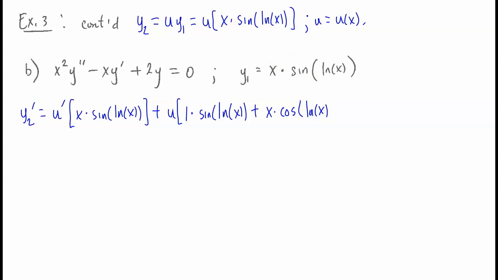It doesn't look too hot, so let me fix that. And then times the derivative of the inside function, which is just natural log of x, which is just 1 over x. And so that is what our first derivative will end up being here. If we do a little simplification, not much to do.